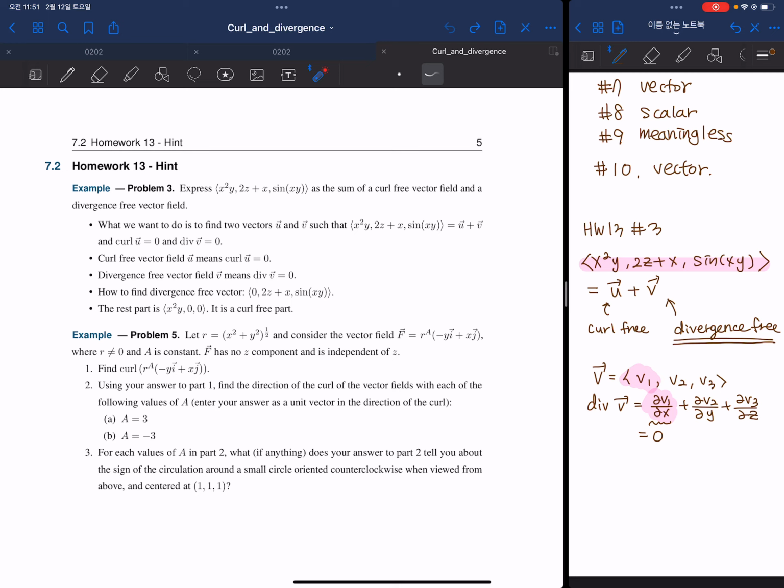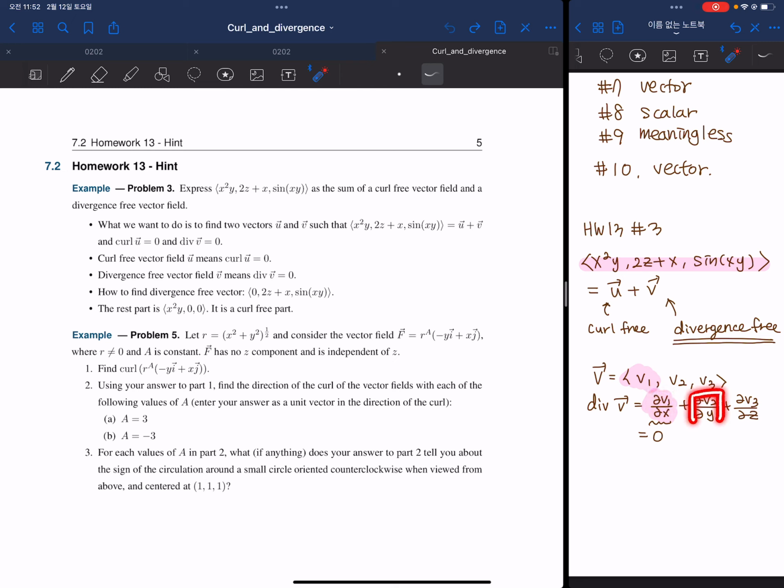But in our given vector field, I think it would be rare to use this one. This one has x squared y, right? Since it has x squared, we just leave this term and do not take it. So just say v1 is 0, then it'll be okay. If we take a derivative, we just get 0 for the first term.